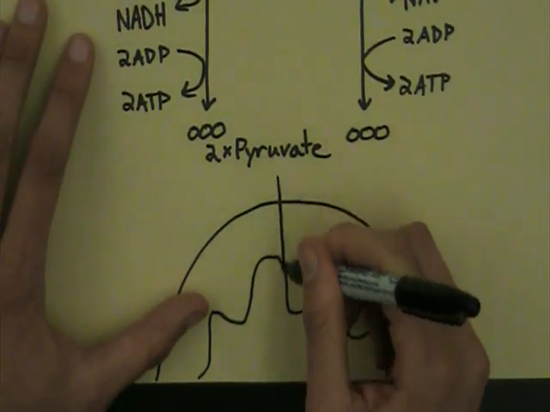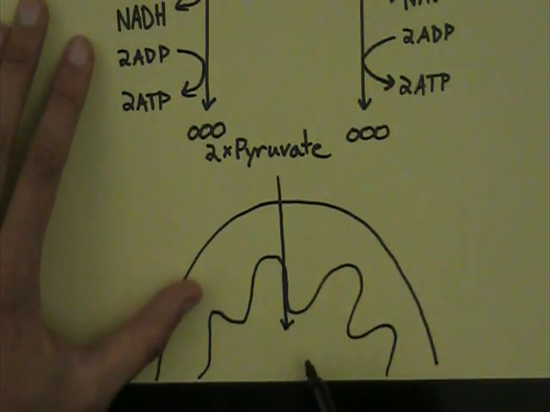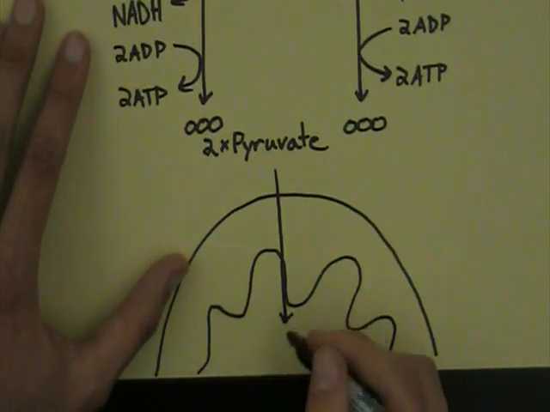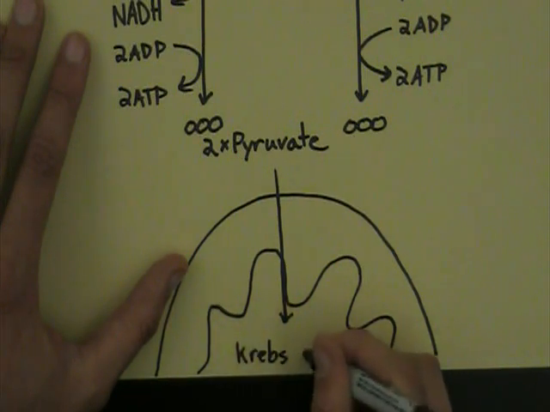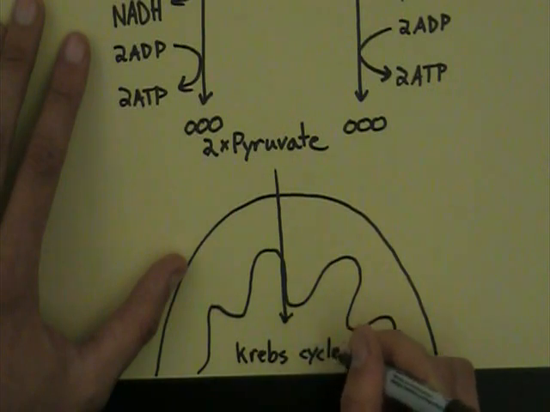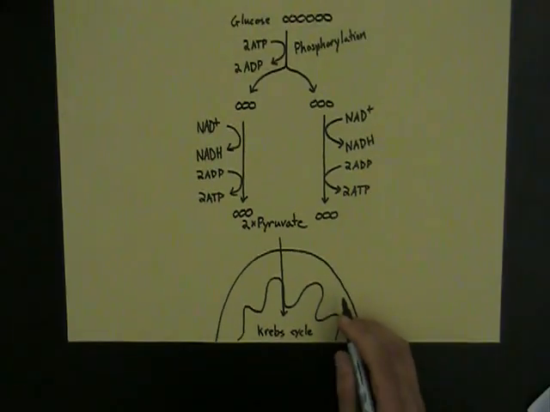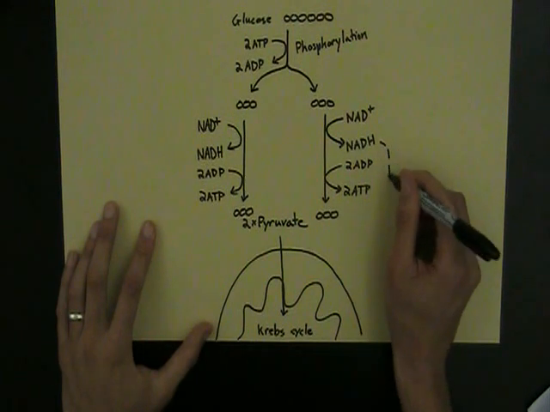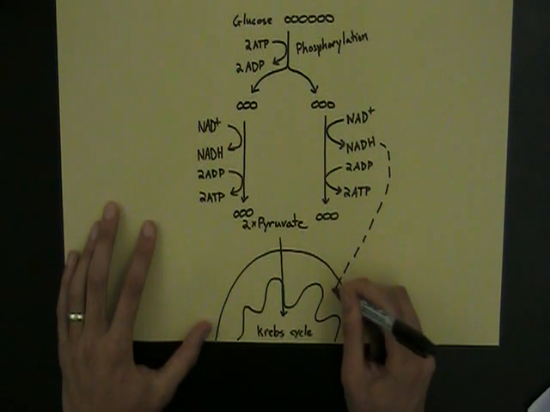The pyruvate will move into the matrix, that is the space within the inner membrane, like the cytoplasm of a mitochondria, where it'll take part in Krebs cycle, also known as the citric acid cycle. The NADHs will move to the electron transport chain, which is located on the inner membrane of the mitochondria.